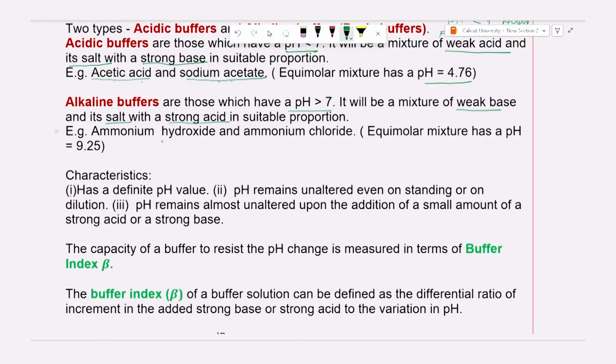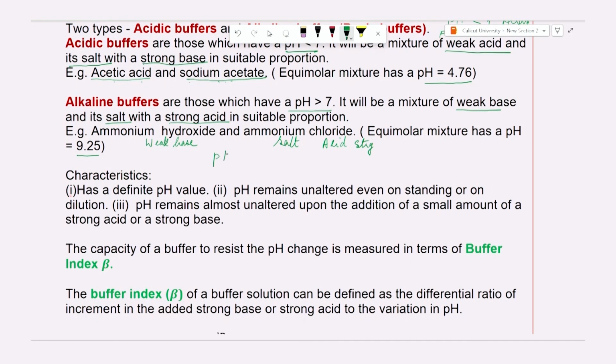According to the proportion of weak base and its salt, the pH varies. If I am taking again an equimolar mixture of ammonium hydroxide, which is a weak base, and ammonium chloride, which is a salt, where the chloride ion comes from HCl, a strong acid. So, a weak base and its salt from a strong acid.